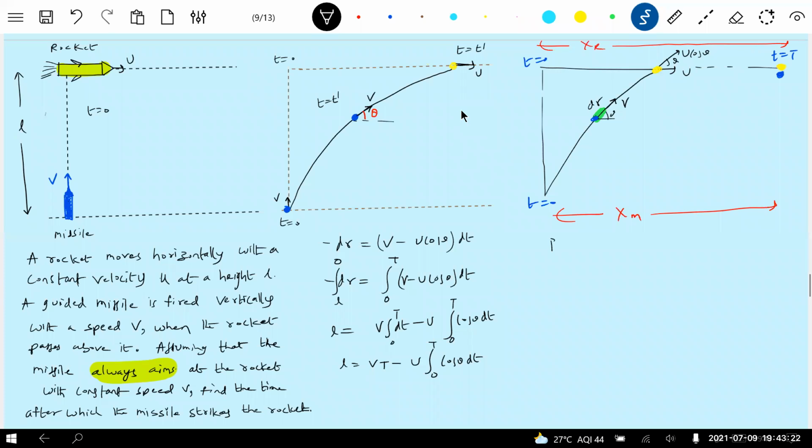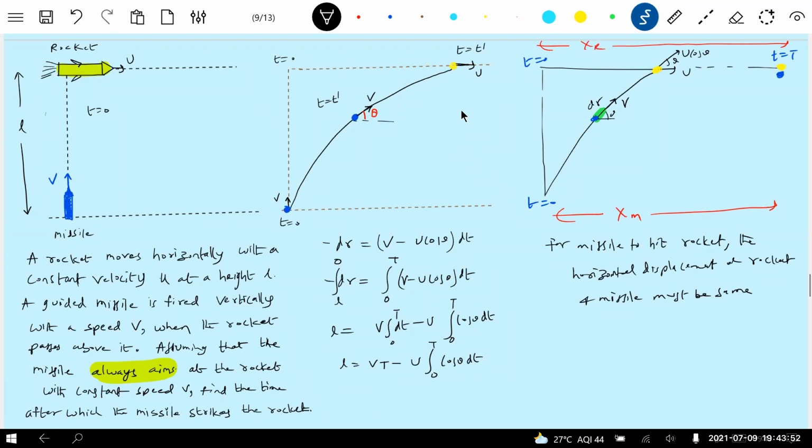What is the condition for the missile to hit the rocket? The horizontal displacement of the rocket and missile must be the same.